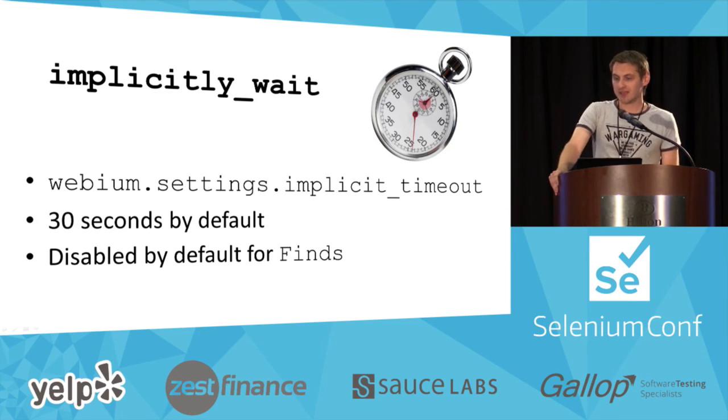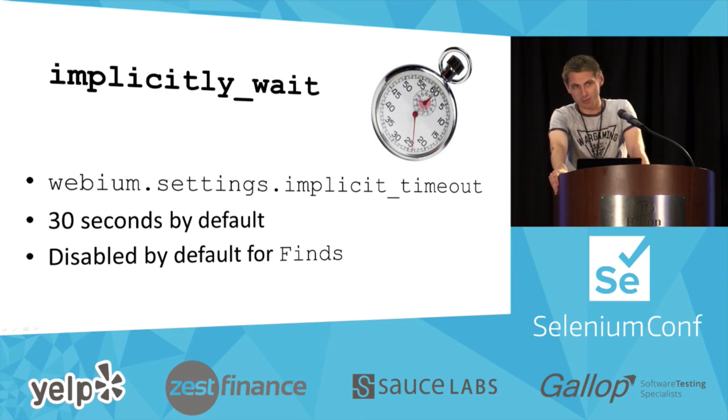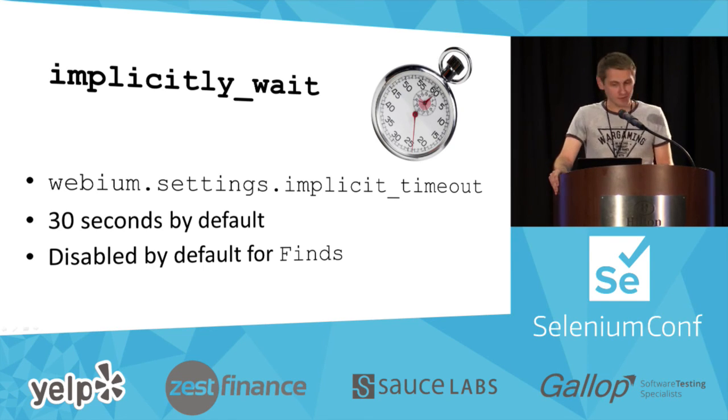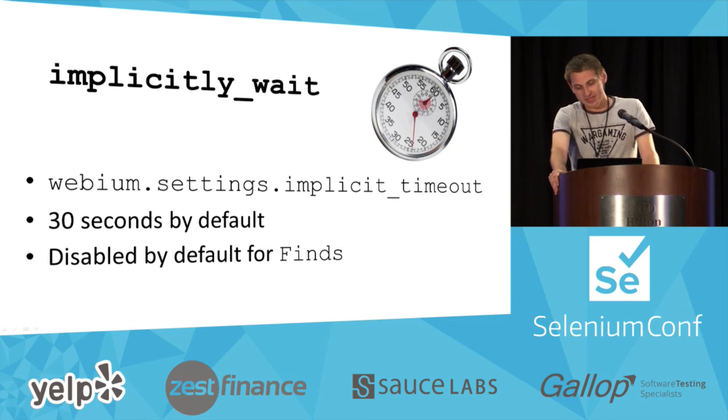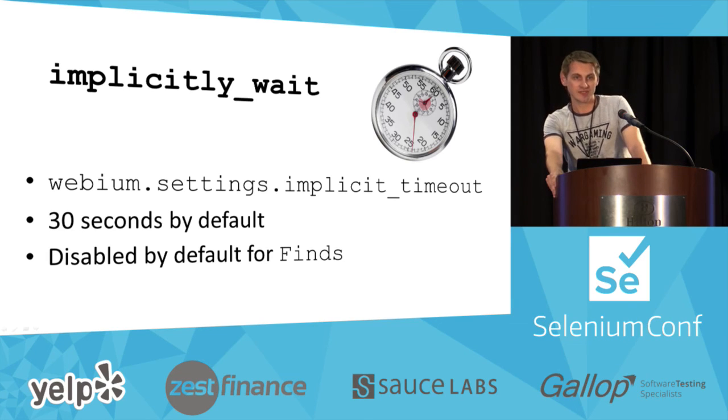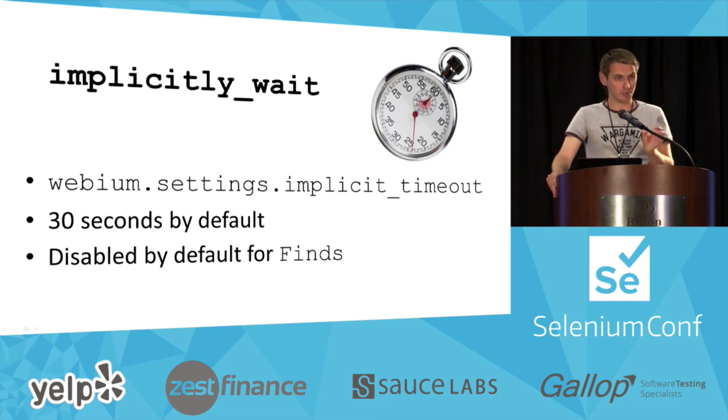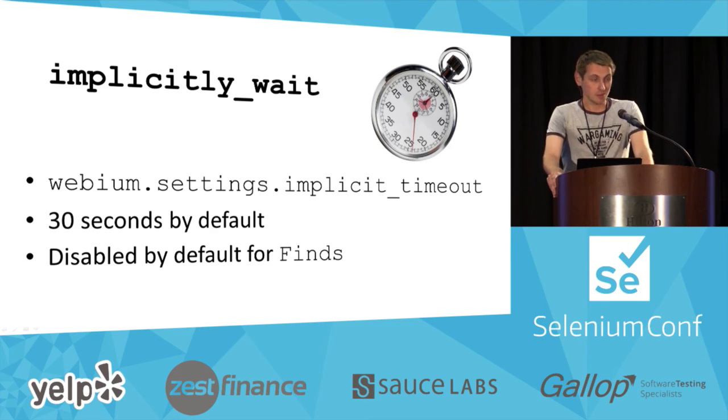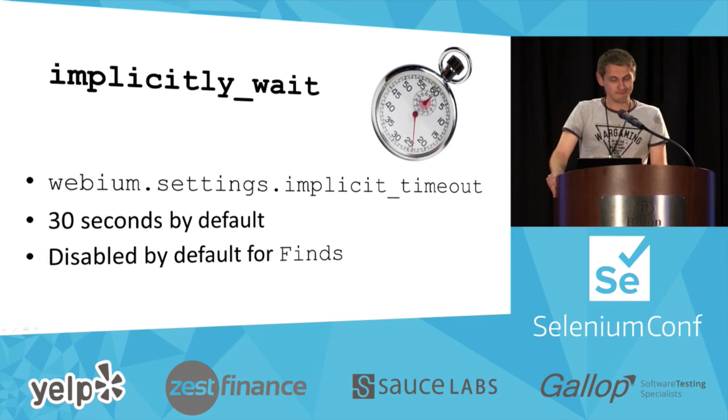Implicit wait is enabled by default in Webium, and it takes 30 seconds. It can be configured. And please take into account, it means that once you access any attribute of the page field and an actual element is not present, it can take up to 30 seconds before you'll get an exception. But in most cases, it helps a lot.